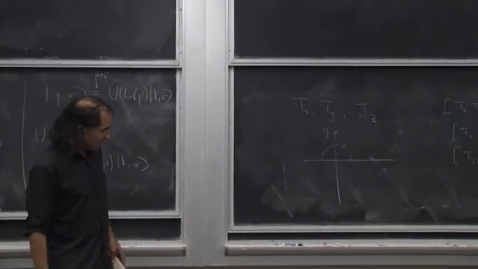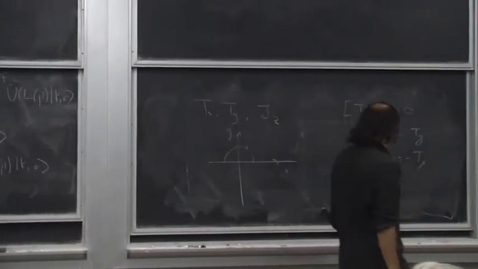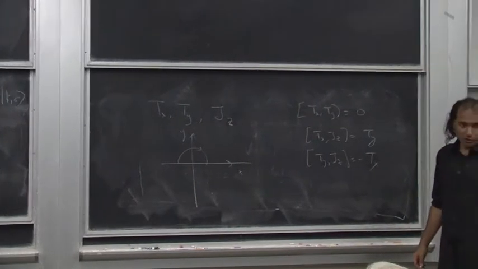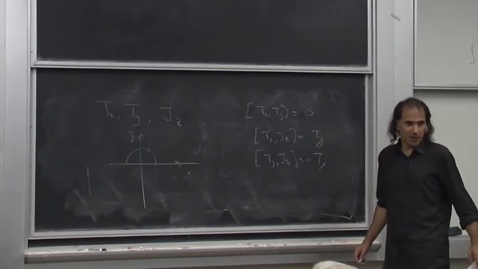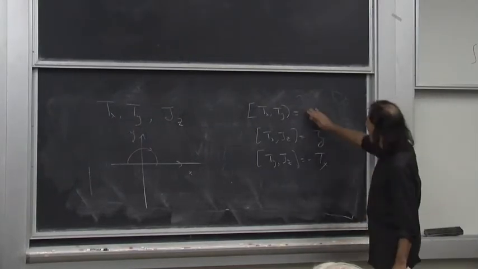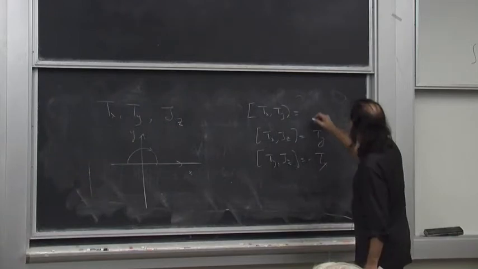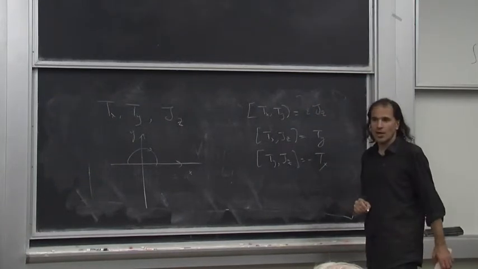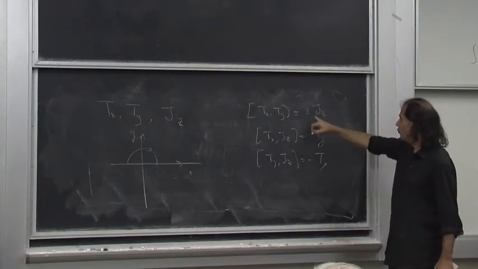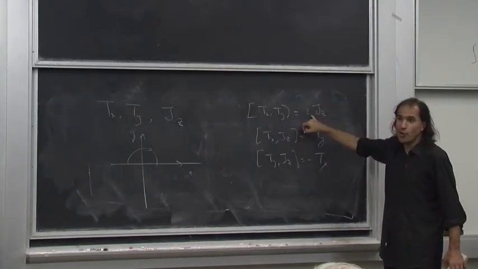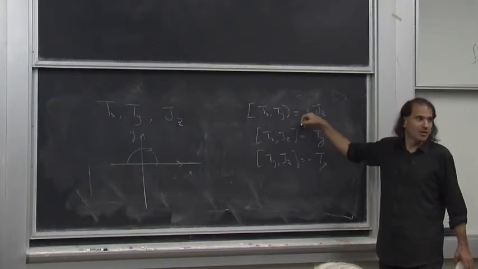What I was mentioning is that you can think of this as just like Galileo being related to Lorentz by a contraction. This is exactly the same. If you actually got it from the boost of a massive particle, you would have on the right-hand side here some epsilon Jz. And so if you rescale Tx and Ty by a factor of 1/root epsilon, you go back to the normal SO3 commutation relations.